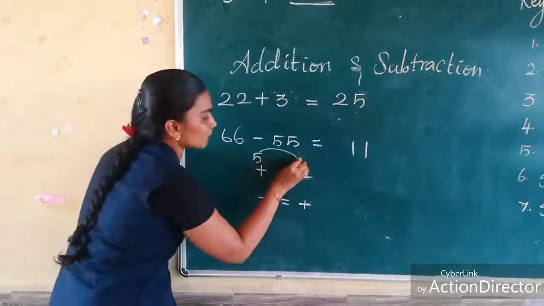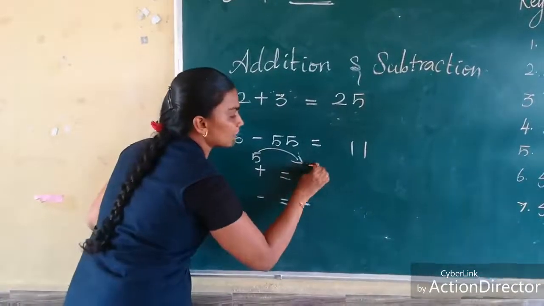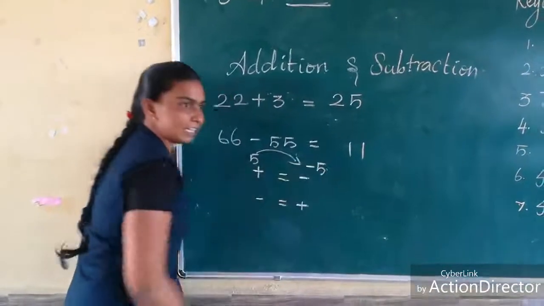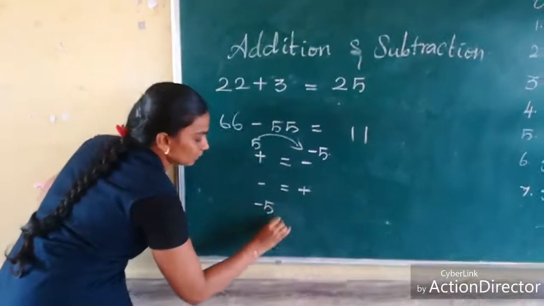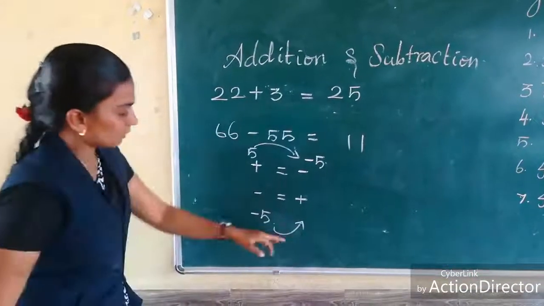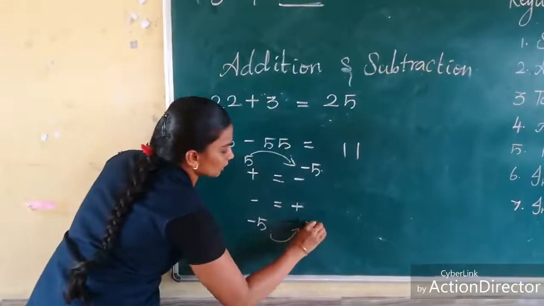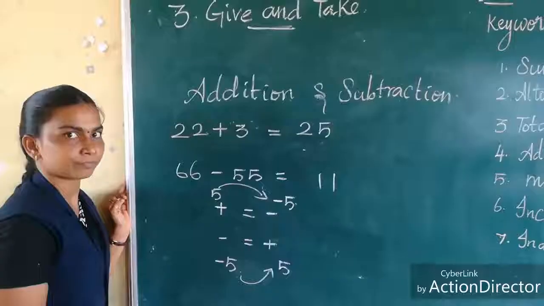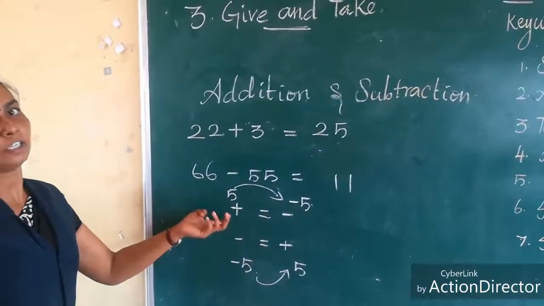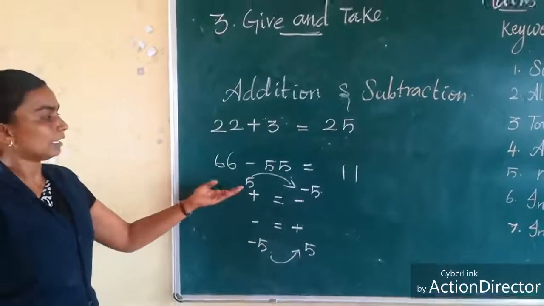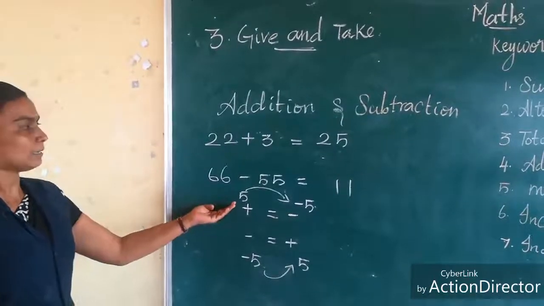If it comes after equal to, it will become minus 5. Next, minus 5 will become 5. If we did not mention any sign before the number, you consider the plus sign.